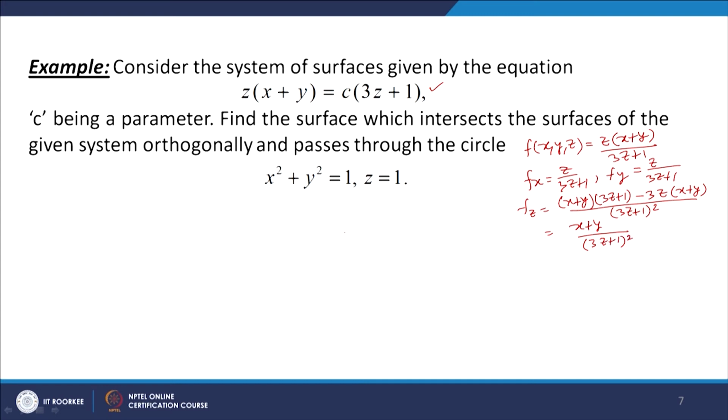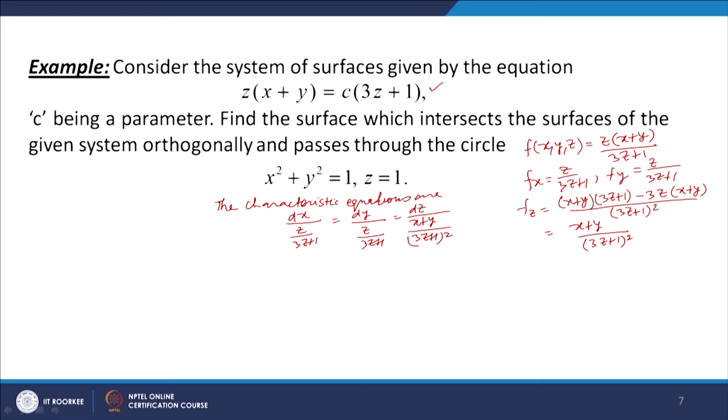The characteristic equations are dx over fx, that is dx over z upon 3z plus 1, dy upon fy, which is z upon 3z plus 1, and dz over fz, which is x plus y divided by 3z plus 1 whole square.